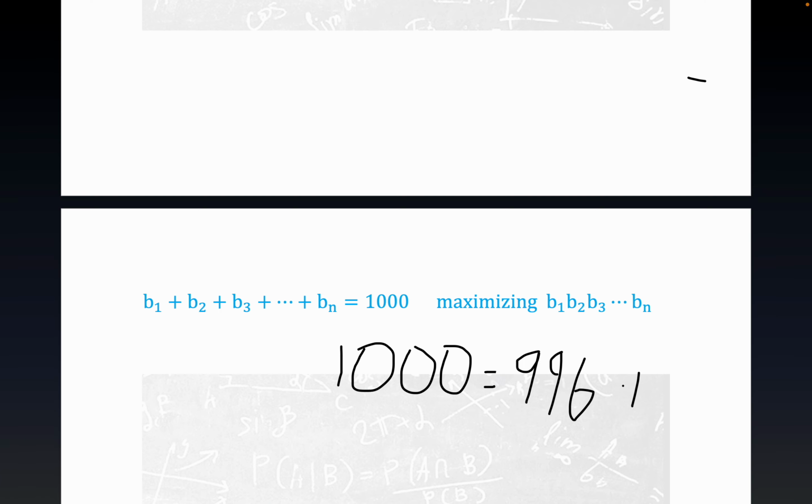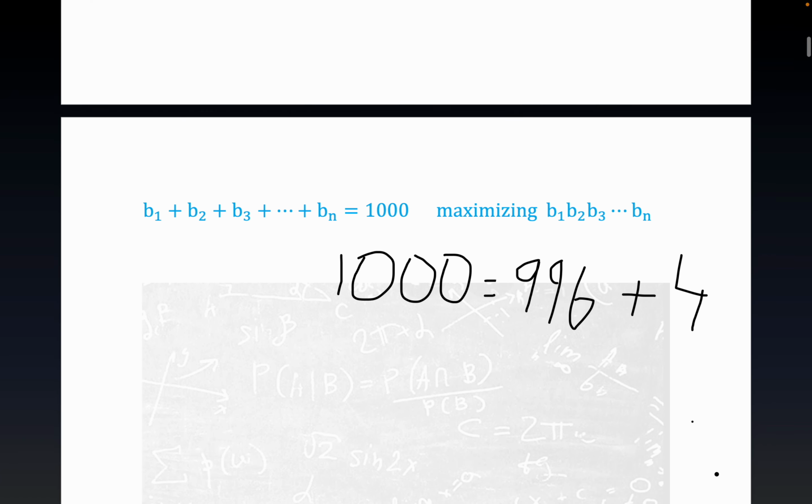I'm trying to work with this trackpad because the screen always moves if I use the mouse. All right, but notice what this does for us right here. You see, this would give rise to a product. See, this is 996, but that's 332 times 3, right? So this is 332 times 3.